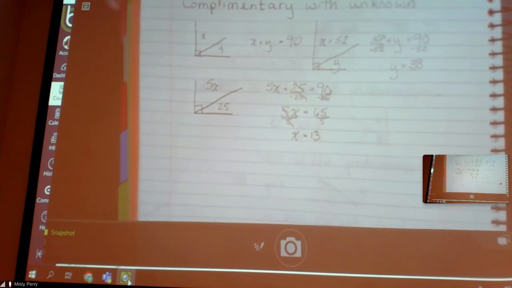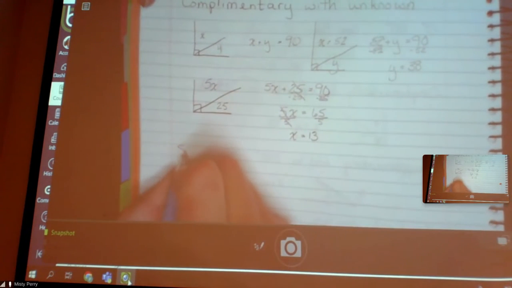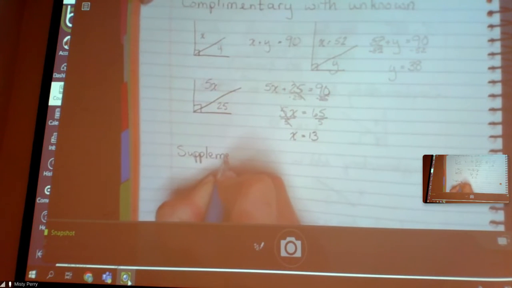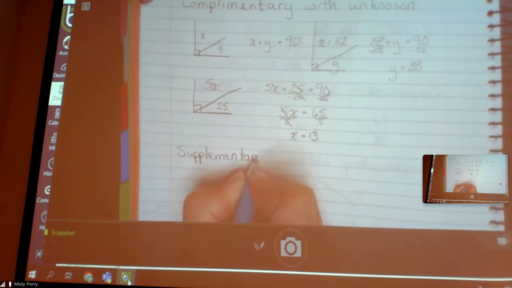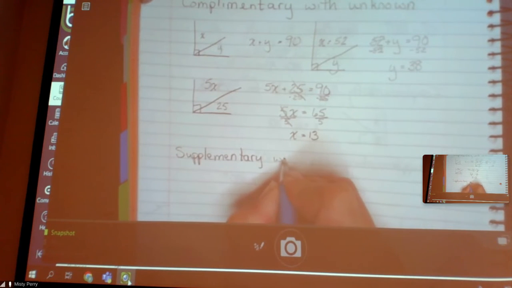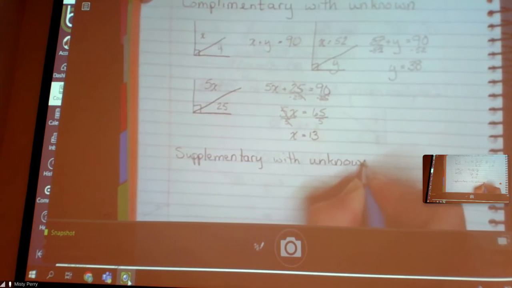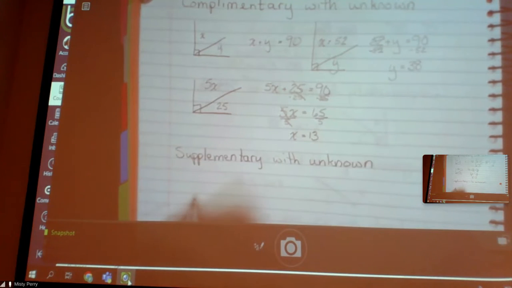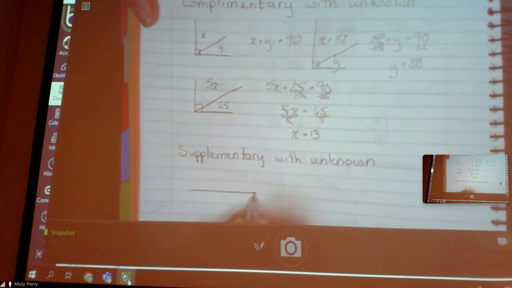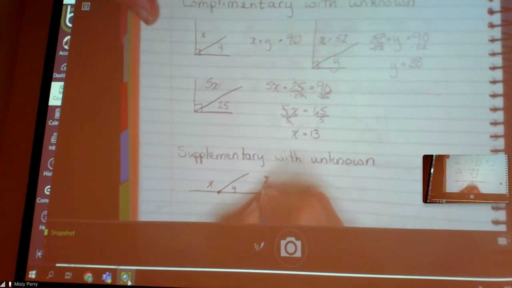We do the same thing with supplementary angles. Okay, same thing. I have my 180 degrees. I have it split into two pieces. My x plus my y is going to equal 180.